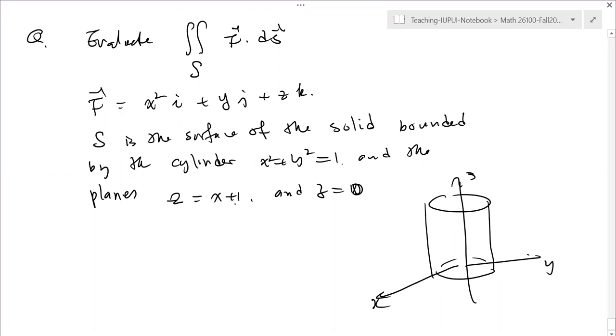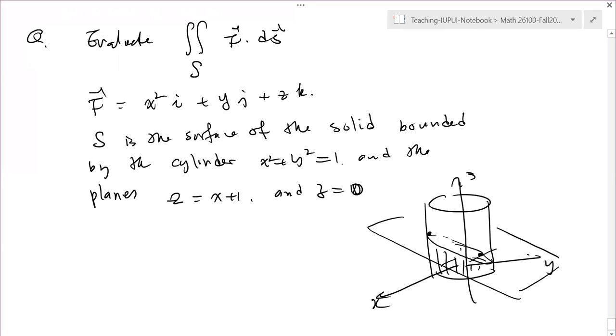Z is 0 on the other side when X equals -1, and when X is positive, Z is larger. So the plane will cut through like that. So this is the solid inside.